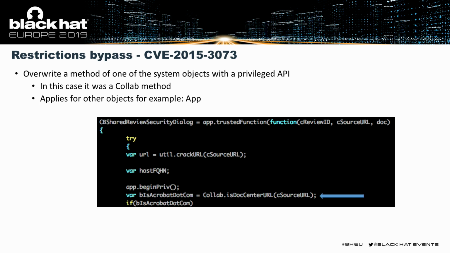So if we look at the function, it's a trusted function. It has a begin priv and an end priv block, and inside it has a call to isDocCenter URL. All we have to do now, since we're in root context, is to create our own collab object with a custom isDocCenter URL, have it point to a privilege API, and then get privilege escalation.